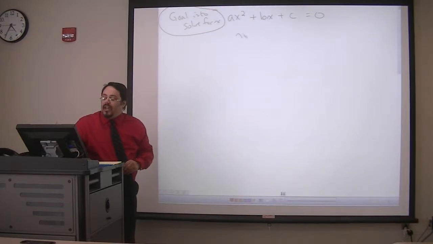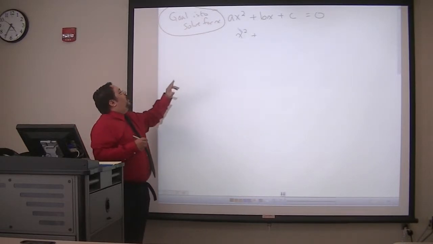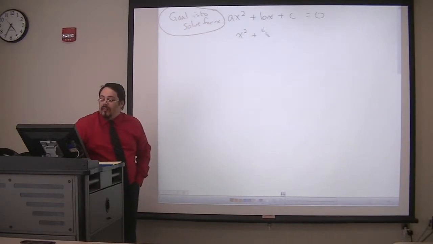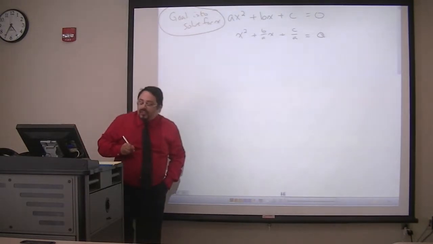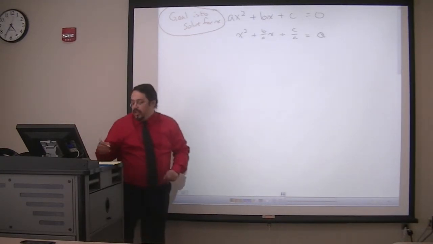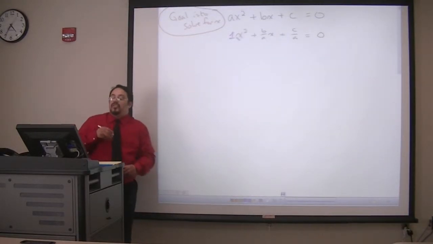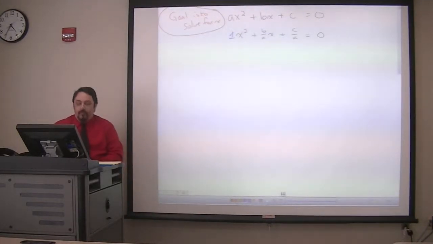So here we have, we cancel out that a in the leading term, b divided by a times x, and then c over a equals 0. So now that we have a leading coefficient of 1, we can start using completing the square.